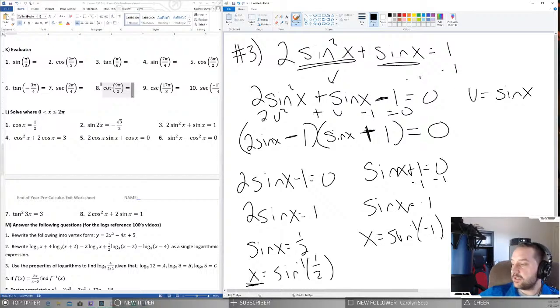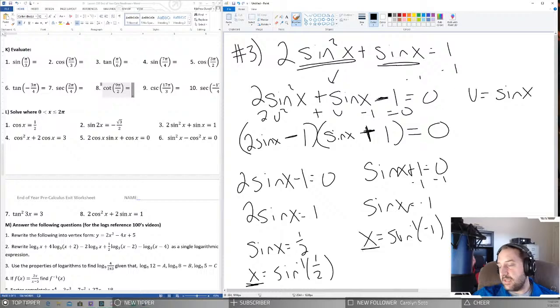Since we're not doing anything special, there's not like 2x or 3x, there's nothing getting divided, right? It's just an x. Technically, we don't have to do the whole 2 pi k thing, because the values would only change if it said 2x or 3x or 4x or 5x or 1/2 x or something.